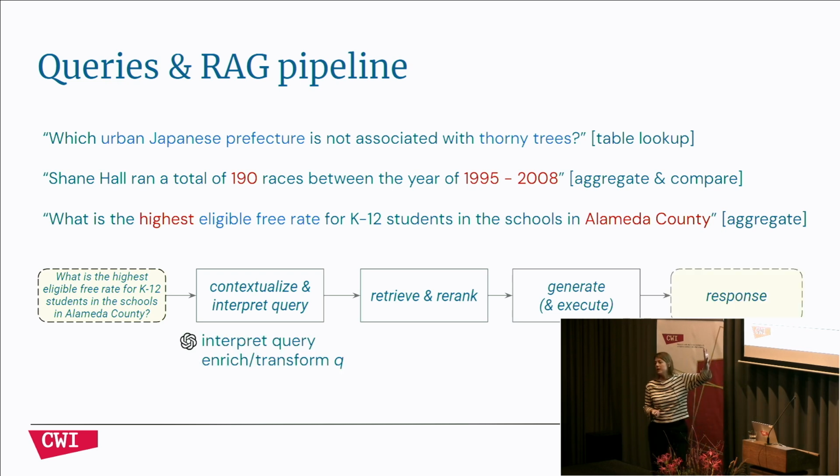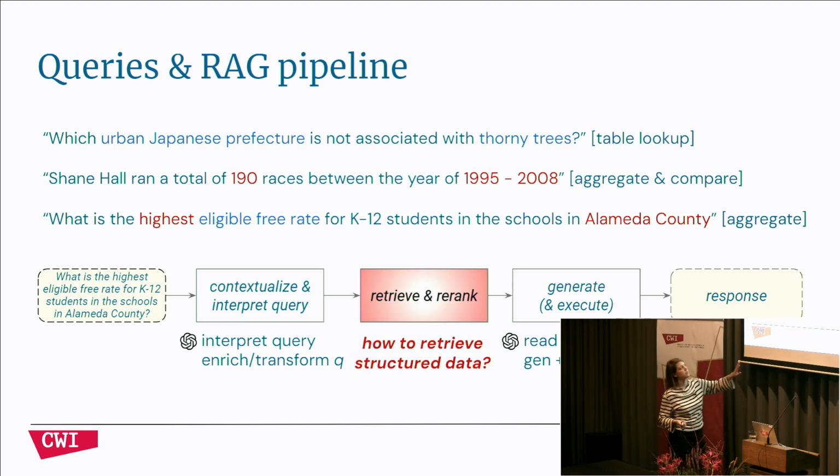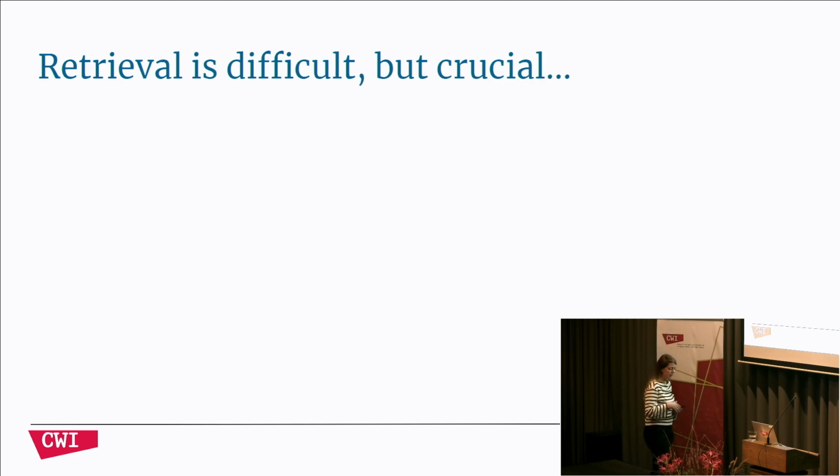What people have been looking into a lot is this interpretation step of the queries. Also, lots of work done on the generation, for example, generating SQL code. Perfect. But we're really missing a crucial step here, and that is how we actually need to retrieve structured data. There's no research that has been exploiting the capabilities of LLMs today.